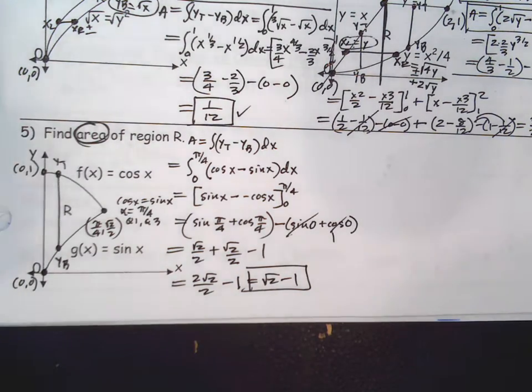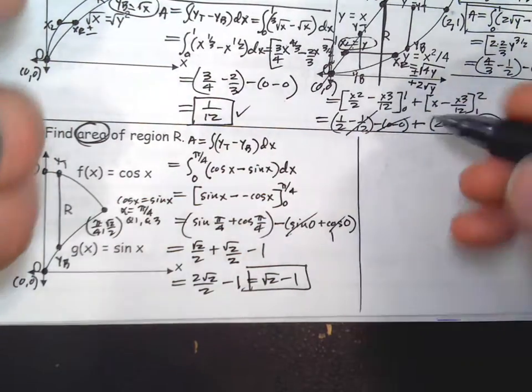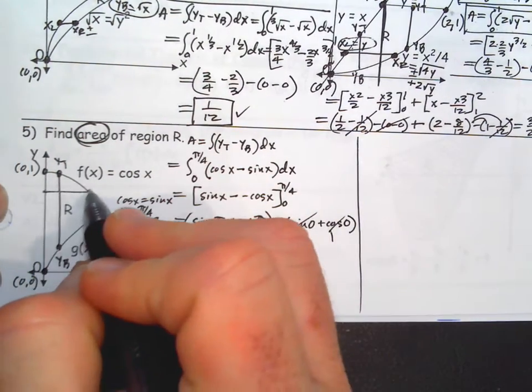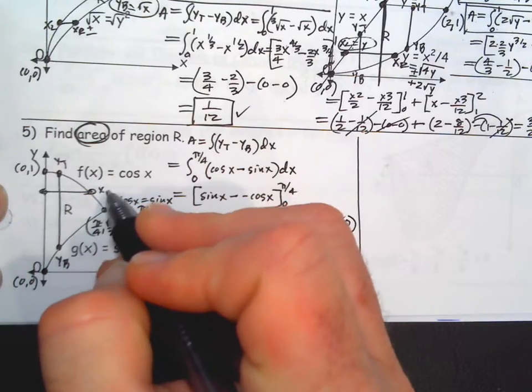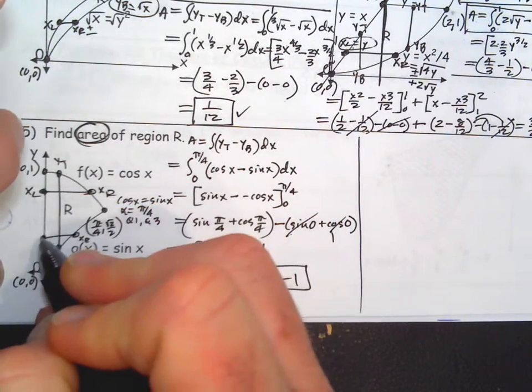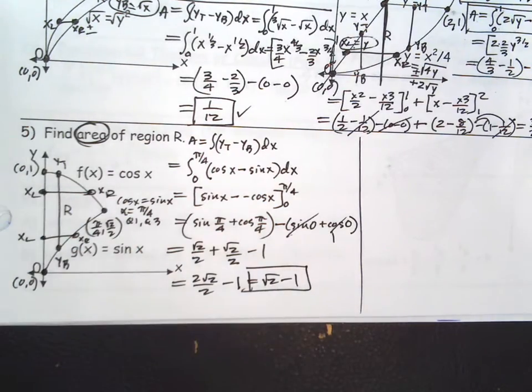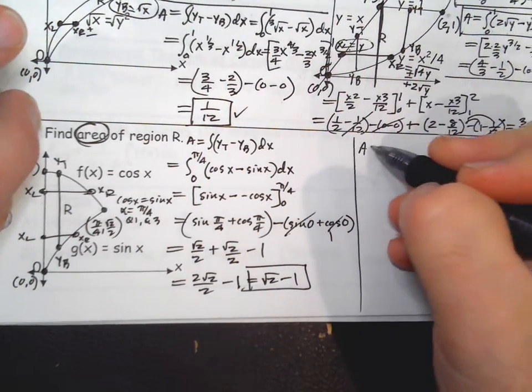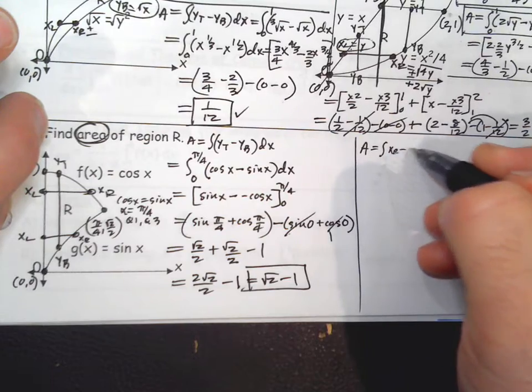Okay? Now let's see what it would look like if we do horizontal slices. It definitely looks like more work because we're going to have to set up 2 different integrals, right? The area is generally x right minus x left.